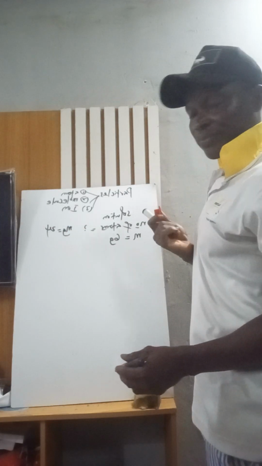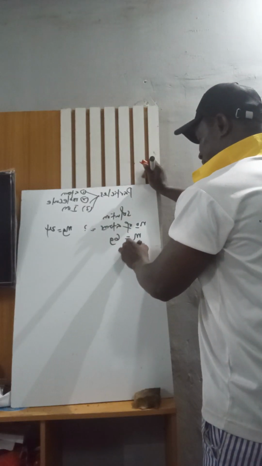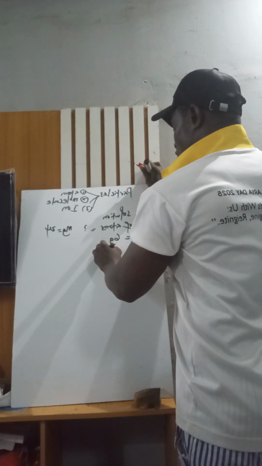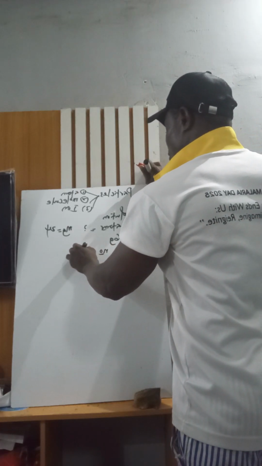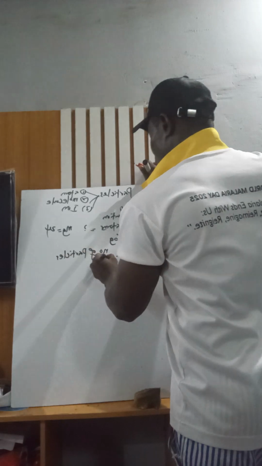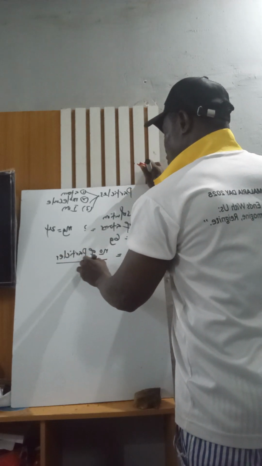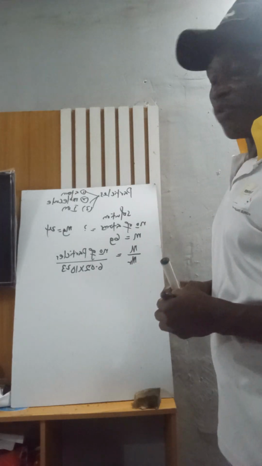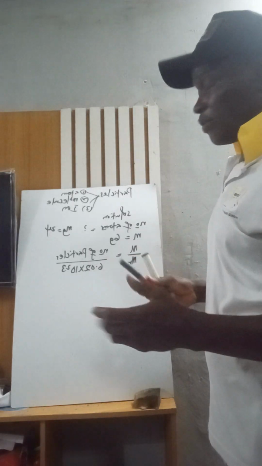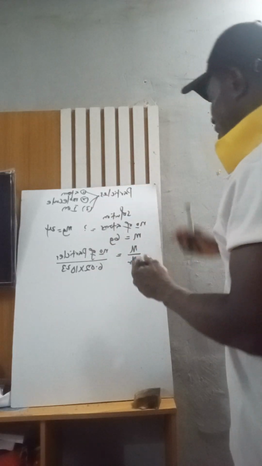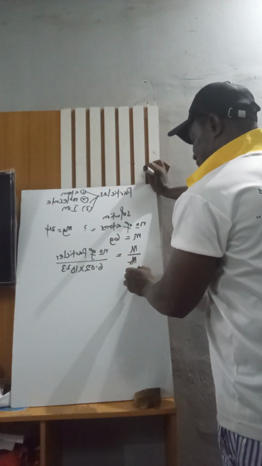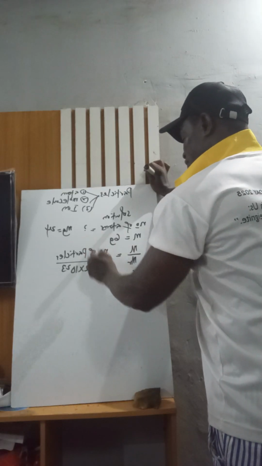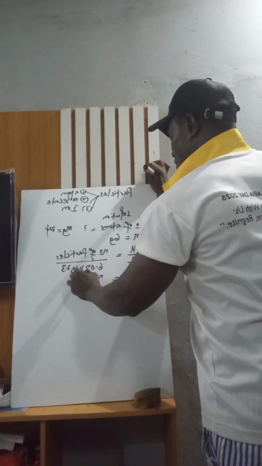So we just say mass over molar mass is equal to number of particles divided by Avogadro's constant. So we start inputting the formulas. Mass is already 6. Molar mass is 24. You are looking for number of particles.